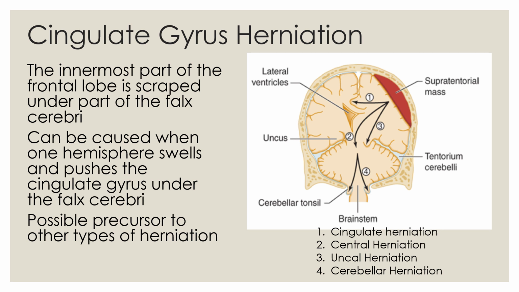It may occur with other types of herniation because the same increase in pressure or mass effect that caused that herniation may cause an uncal herniation or a central herniation.